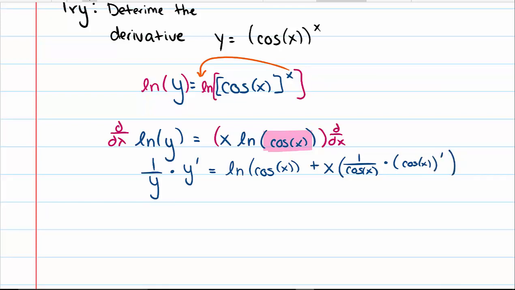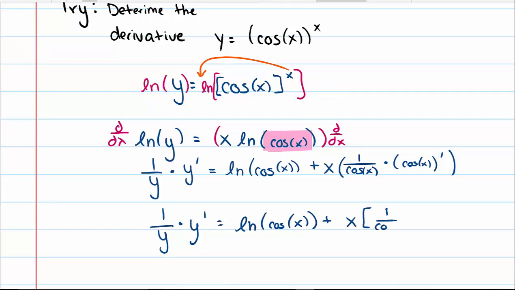Make sure I didn't forget any parentheses. No, I'm good. So 1 over y times y prime is ln of cosine of x plus x times 1 over cosine of x times, and the derivative of cosine of x is simply just negative sine of x.